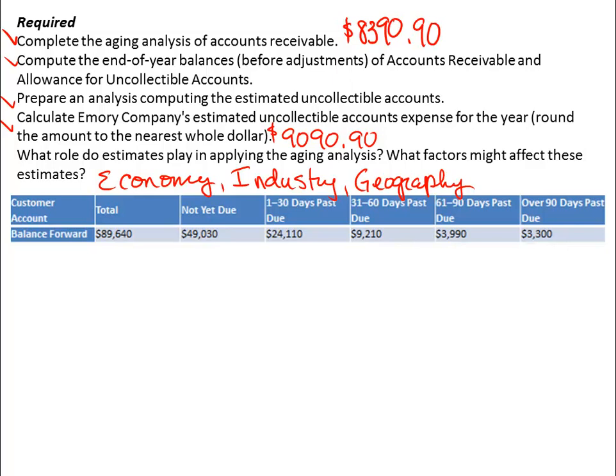And what role do estimates play in the aging analysis? They play a big part because notice we're coming up with a lot more percentage estimates based upon the age, or when have I heard from this customer last. Things that impact that are how the economy is going, industry norms, or the geography of where the company is located.